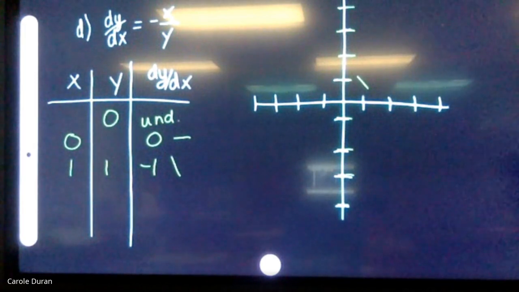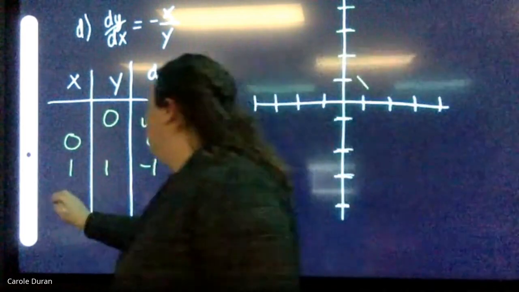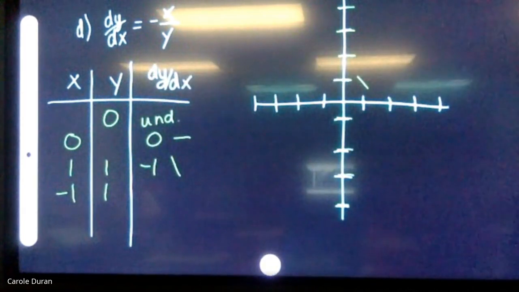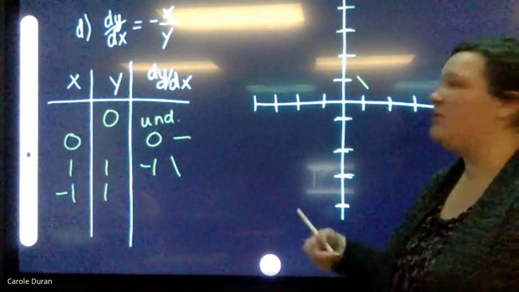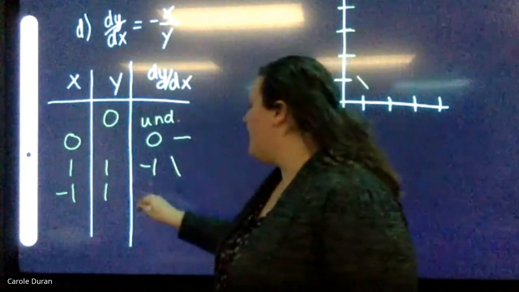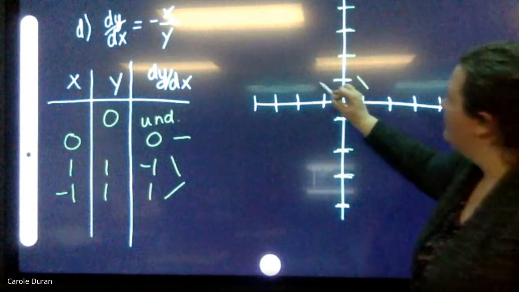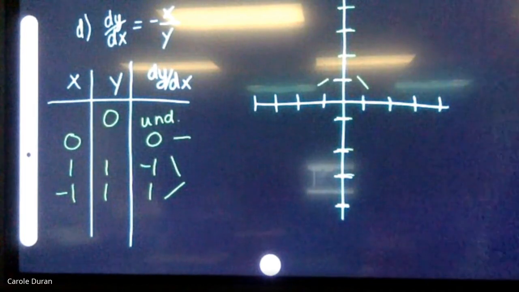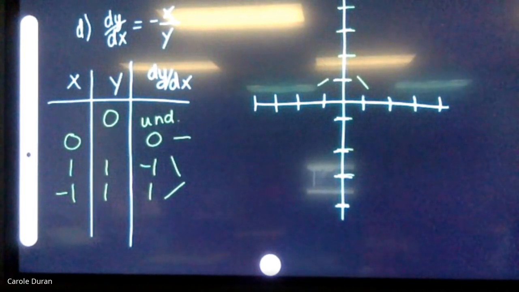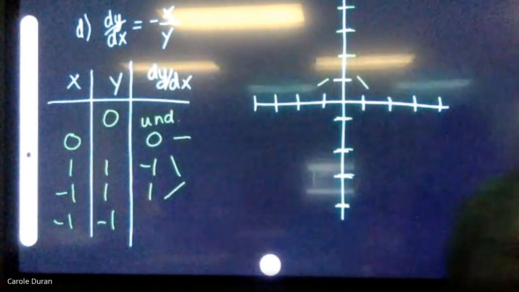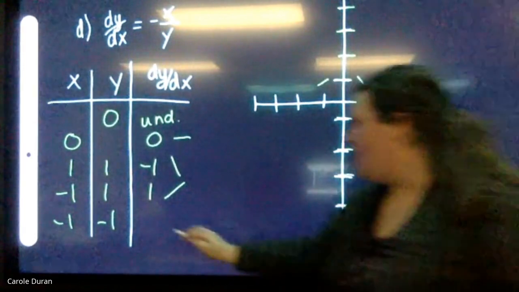Then I'm going to test negative 1, 1. What do I get there? Positive 1, because negative 1 divided by 1 is negative 1, but I have negative of that, which makes it positive. So my line looks like that. I do the same thing for negative 1, negative 1, and my slope is going to be negative 1.